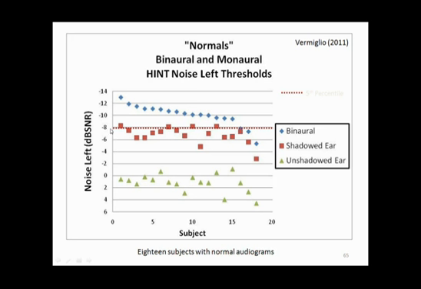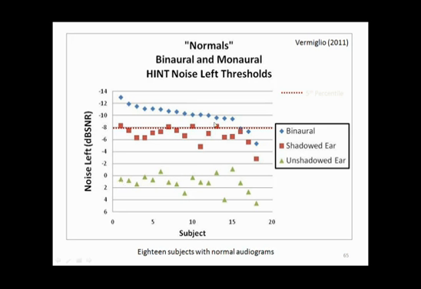Or rather, this is when the shadowed ear is listening. This is when the unshadowed ear is listening. And then this is the binaural condition. So we could call this, from here to here, the binaural advantage when we reference the shadowed ear. This is the binaural advantage when we reference the unshadowed ear.